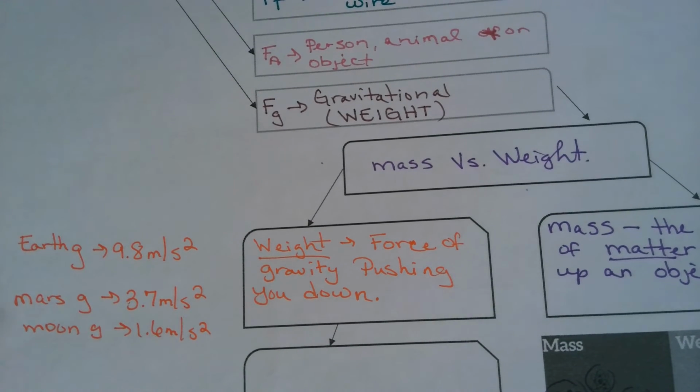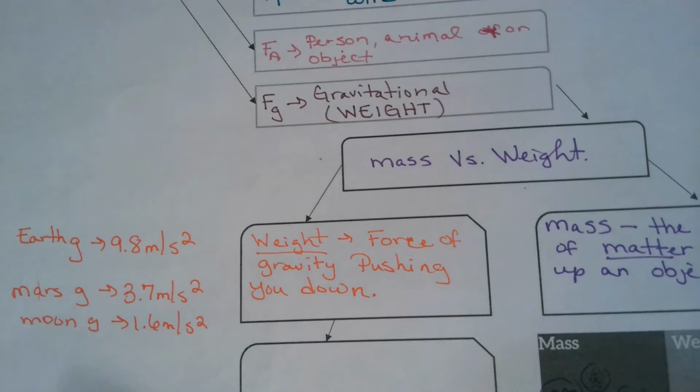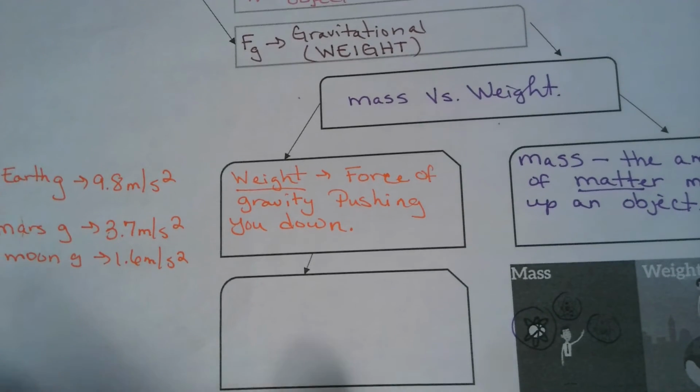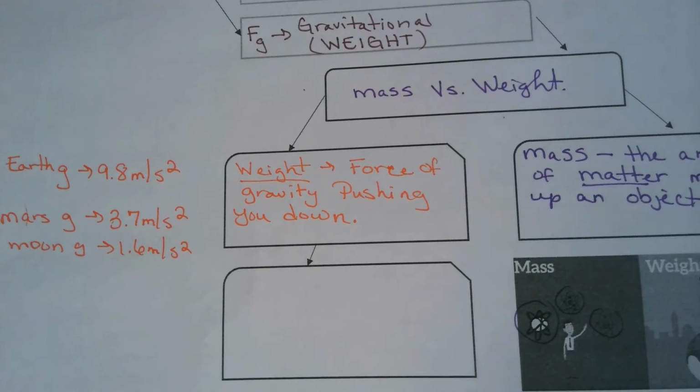The size of the planet takes effect into the acceleration, and at one point we actually had to calculate the gravitational acceleration for each of these planets depending on the radius.